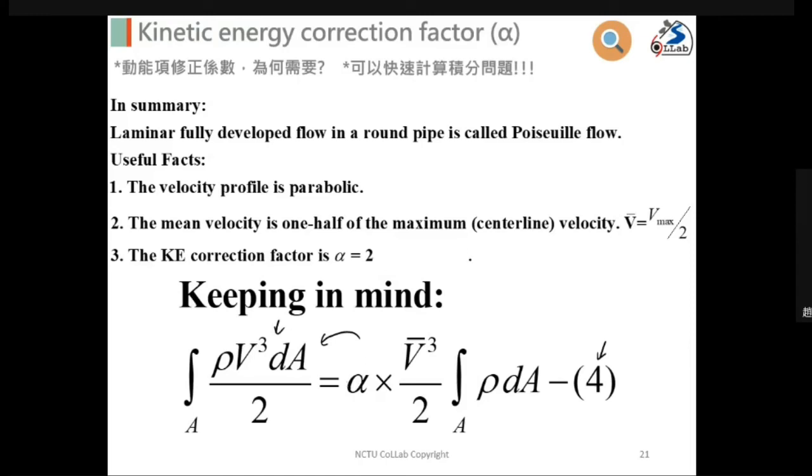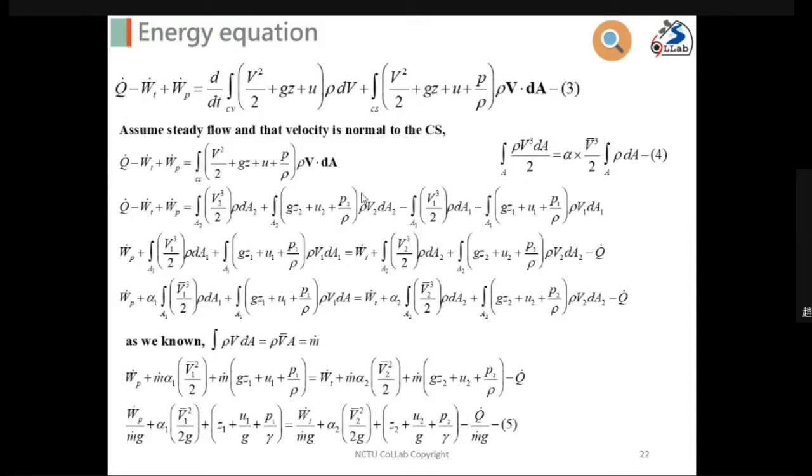This is very important, and based on different flow conditions the alpha value will change. Here alpha equal to 2 is for the condition where the flow velocity is parabolic.